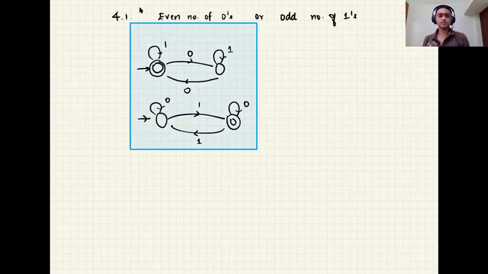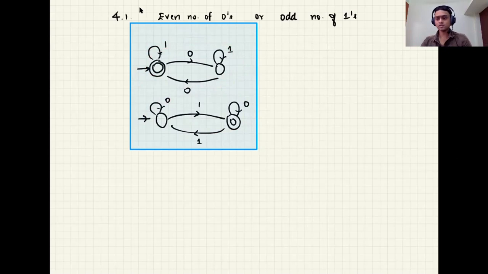Now, if I have a word which has say even number of zeros, then the run that starts from here will be accepting. Some words may have both an even number of zeros as well as an odd number of ones. In that case, there are multiple accepting runs. That's fine. As long as there is a single accepting run, it's good.